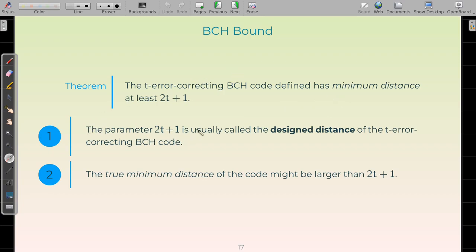So the parameter 2t plus 1 is usually called the design distance of the t-error correcting code. The actual distance is generally greater than 2t plus 1; the true minimum distance of the code might be larger. So you can understand that this is the lower bound for your minimum distance, and this is what is called the BCH bound.